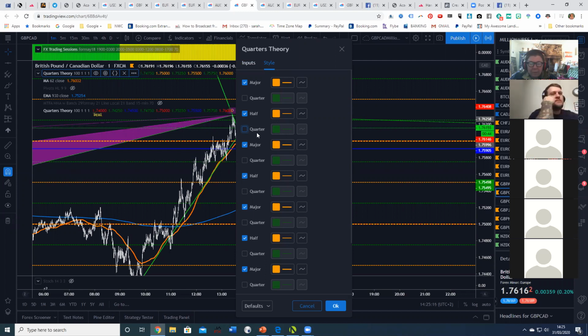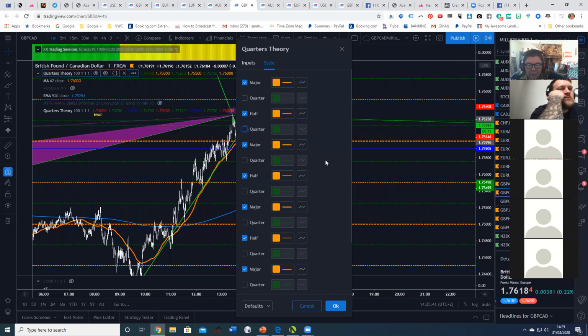Mike Miles does use that, but we don't. We're just using it at 50 pip increments, which is the half, the 50 pips, and the major, which is the zeros. We do them all in the same color. Chance uses orange. I tend to use his colors because if ever we're sharing charts and we send them to him, he's looking at what he uses, sort of similar way psychologically.